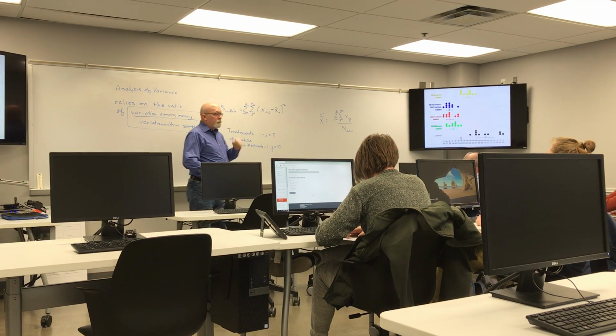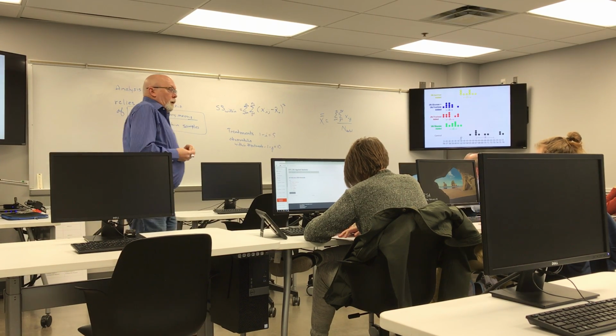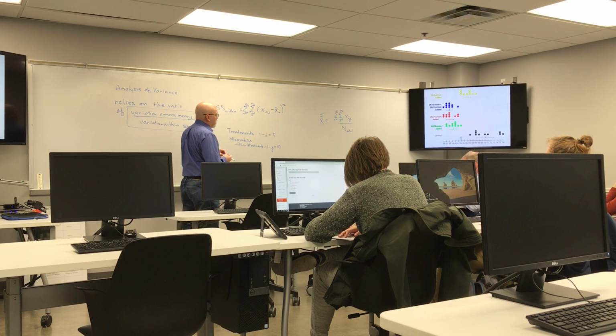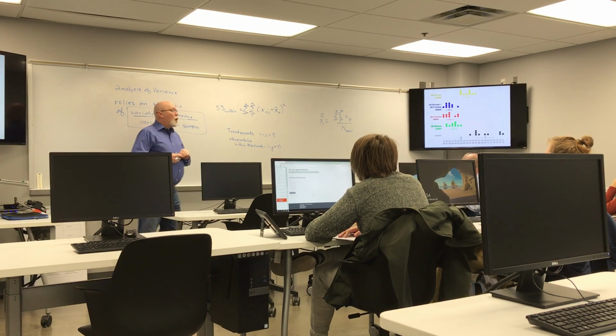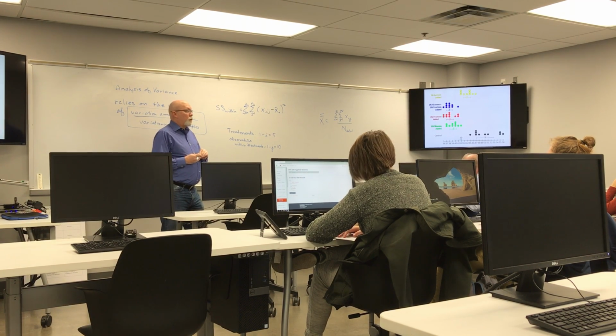Yes? For the grand total mean, could you do the sums of the sample means divided by the number of samples? Only if the sample size is equal across all of your samples.